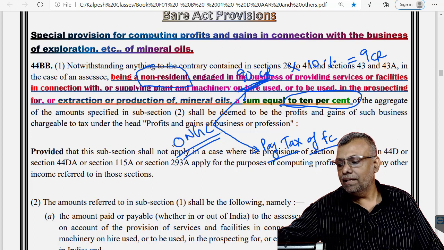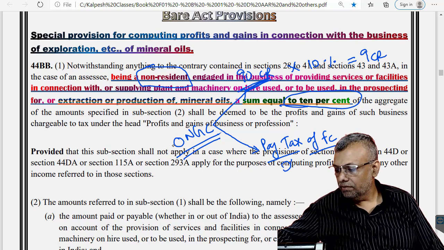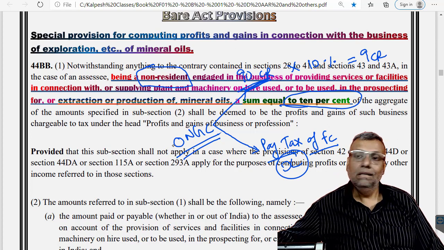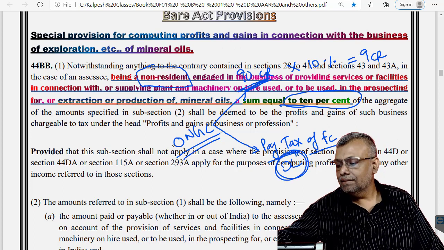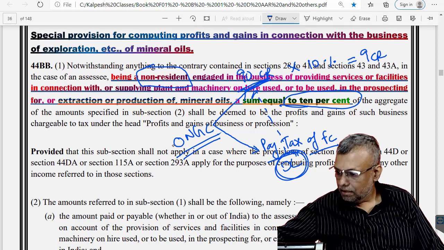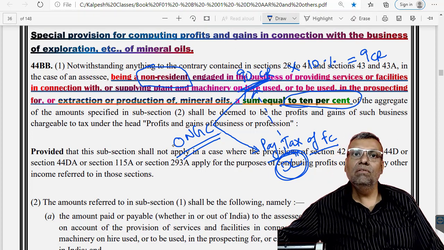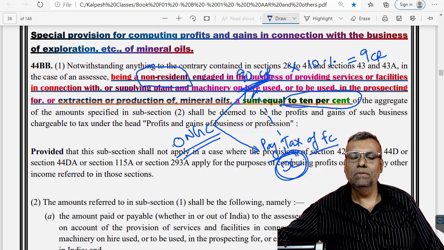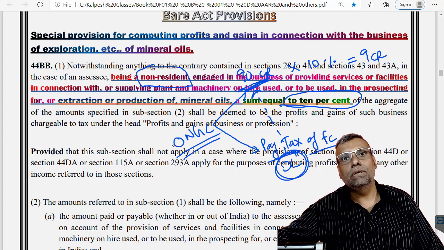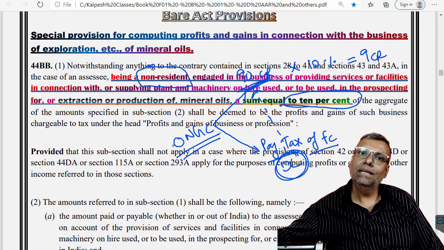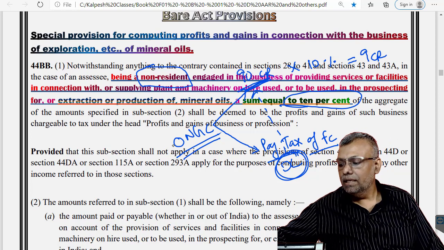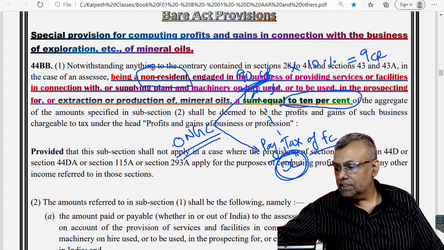ONGC is paying 90 crores plus the amount of tax, let me say the amount is X. Whatever taxes ONGC pays will also be part of the income, because ONGC pays 90 crores to the foreign person, plus whatever tax liability comes, that also ONGC pays. So the income of the foreign company in the given example will be 90 crore plus X.